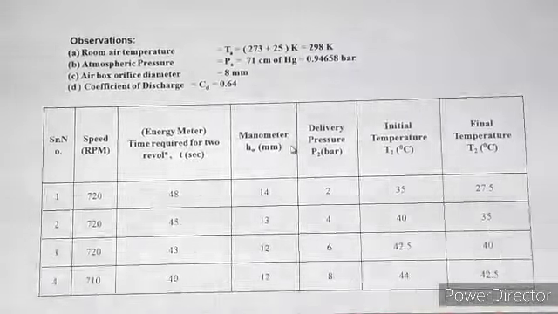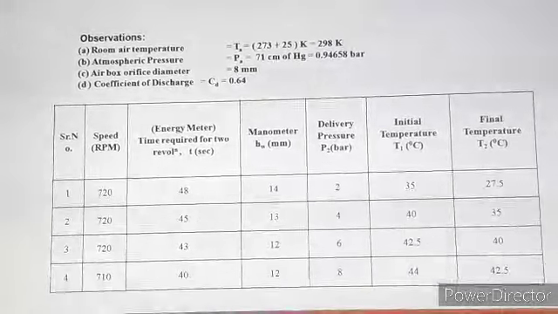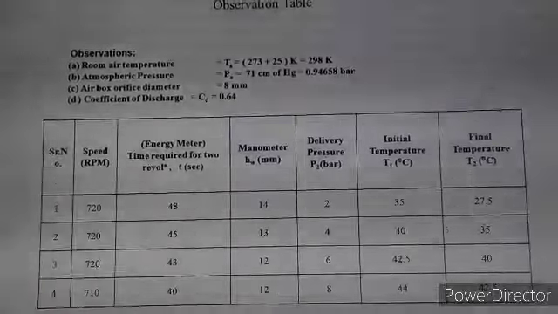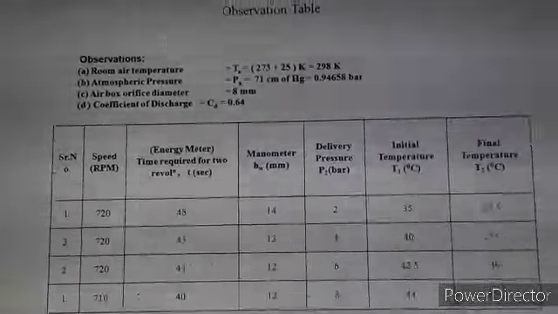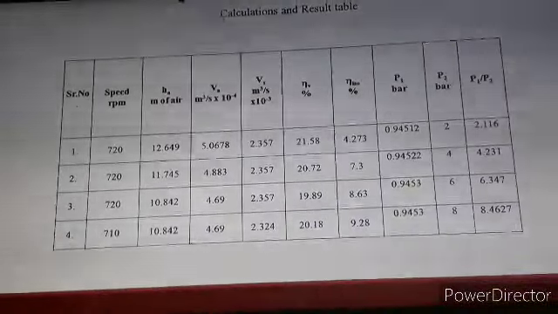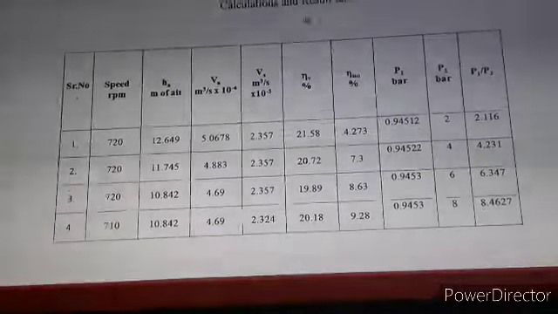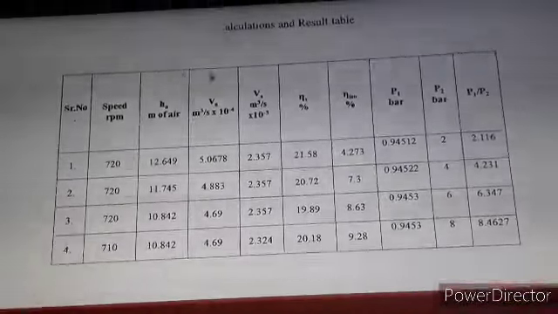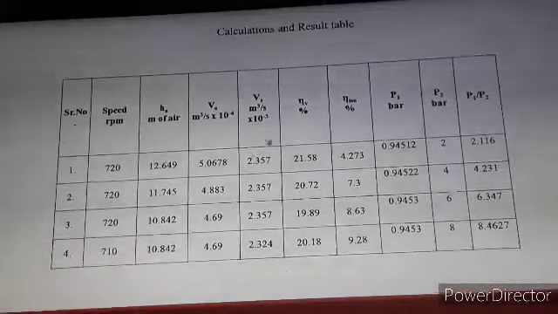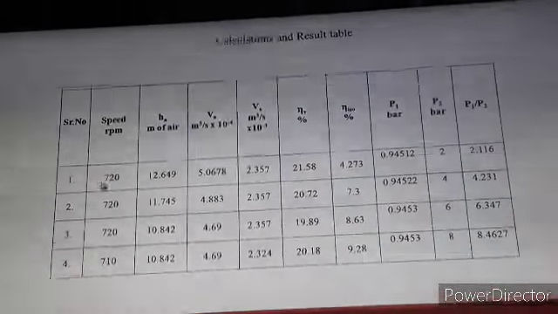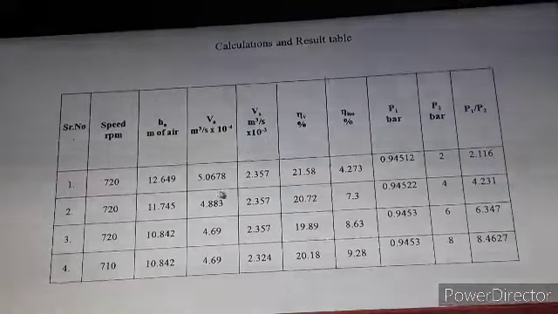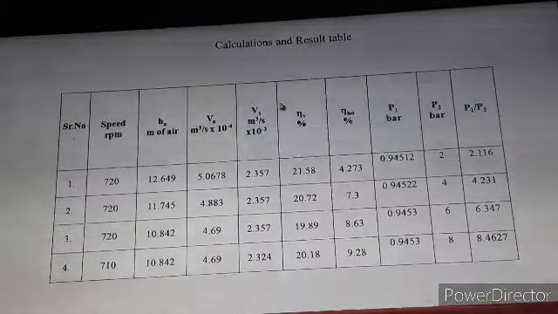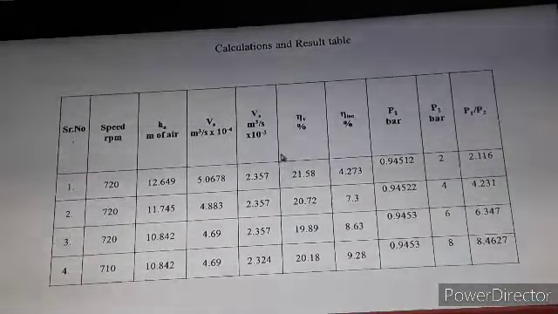Now let us discuss the results or various calculation parameters as per our observations. Before we proceed to the results of today's practical, the calculation of various parameters, what I will suggest is, we have already circulated a write-up on this compressor as well as on all the experiments.